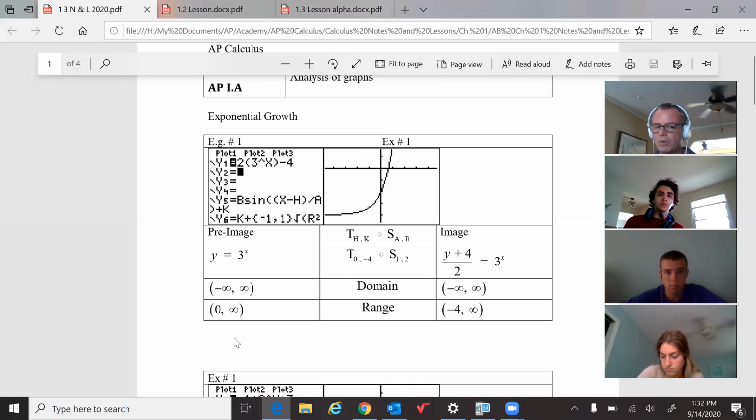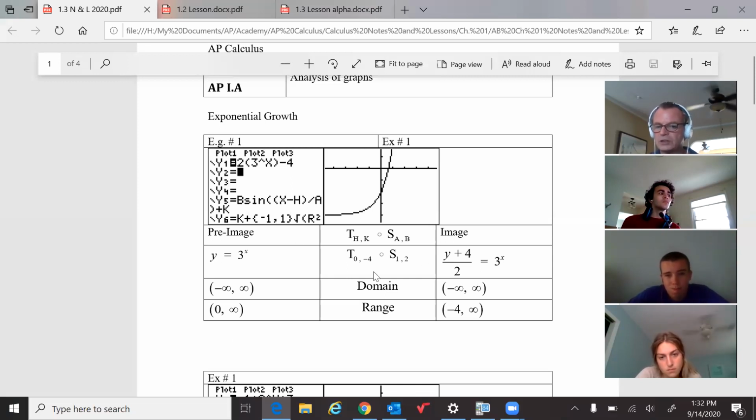If you raise it to a power lower than 0, to a negative, you're just going to get a fraction, a smaller value. So if you think of this in terms of what we did in 1-2, the end behavior of this graph, the pre-image, as x goes to the left, it has a floor of 0.